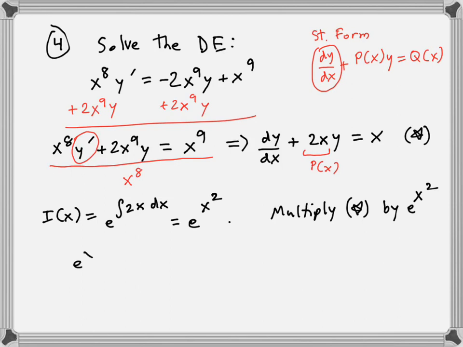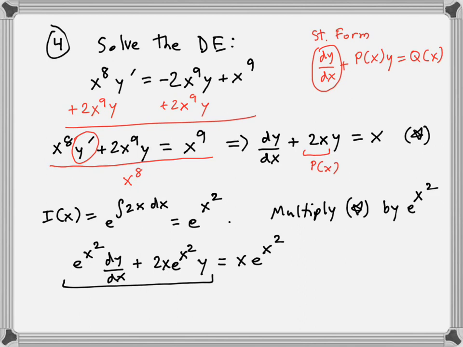So we end up with e to the x squared dy dx plus 2x e to the x squared y is equal to x e to the x squared. And you'll notice that the left side is the derivative of e to the x squared y. And so we integrate both sides.